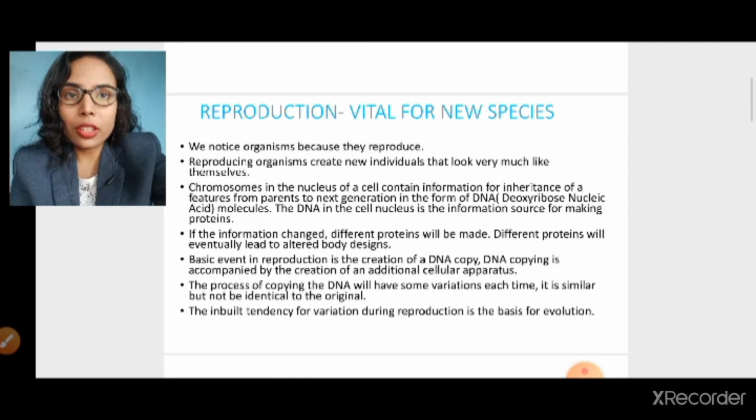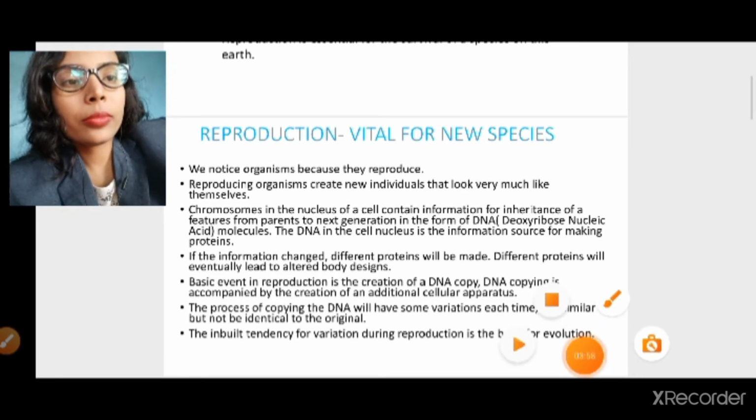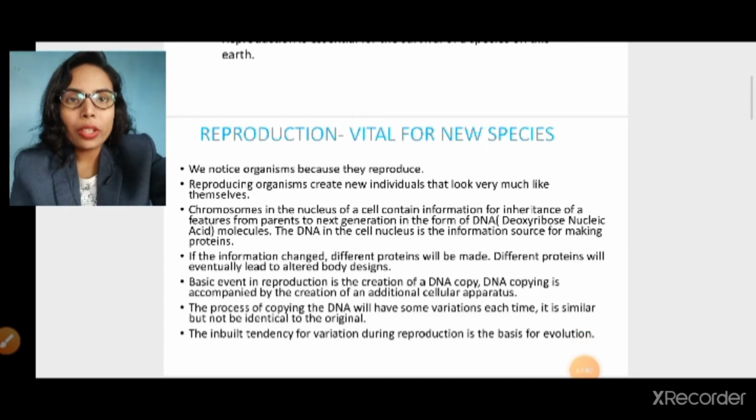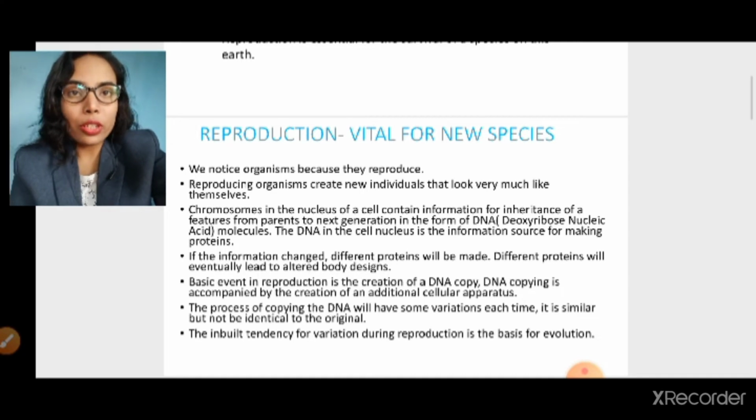As you look at yourself, you are similar to your parents but not identical to them. The inbuilt tendency for variation during reproduction is the basis for evolution.